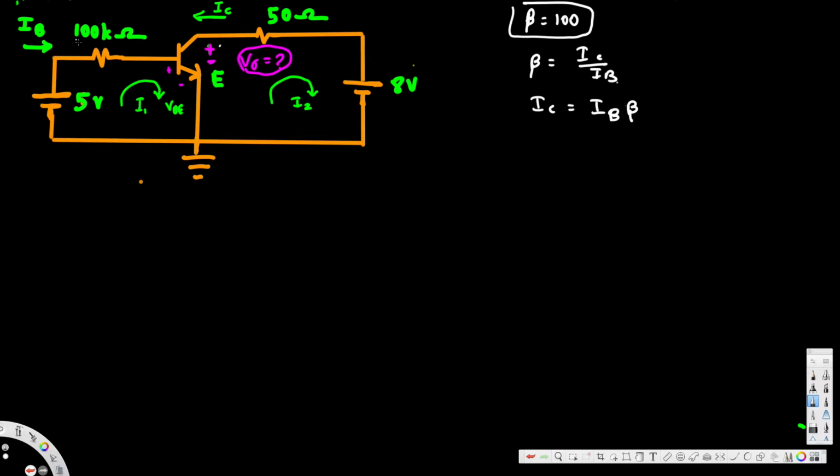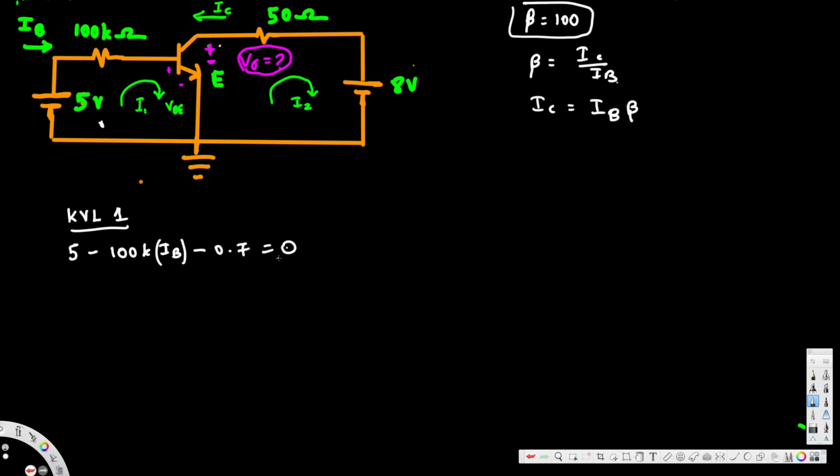To find IB, we are going to apply KVL in loop 1. If I apply KVL, this is going to be 5 minus 100k times IB, and here we will have a voltage drop. VBE is always 0.7, so we have a voltage drop of 0.7.